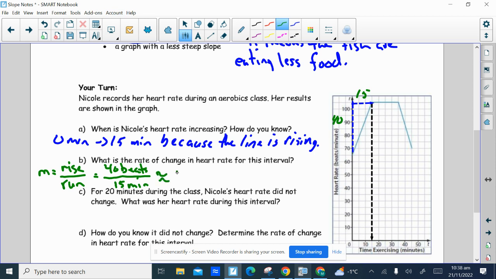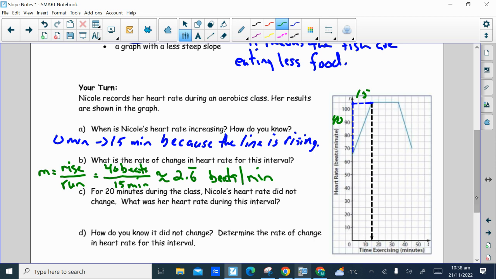So we'll say approximately 2.6 with a line over the 6 because it repeats. And slope is rise over run. The rise is the beats, the run is the minutes. It'll be beats per minute. Beats over minutes, or beats per minute. So that's the rate of change for that part of her exercising.